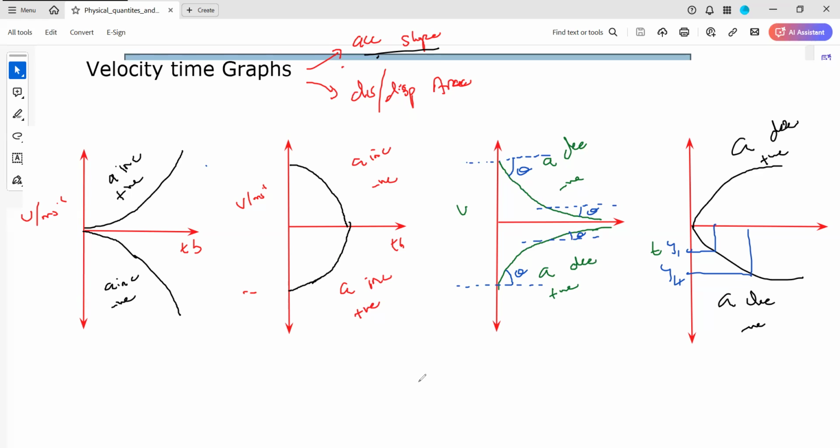So the angle is decreasing. It means the acceleration is also decreasing. Whenever we calculate acceleration, it is always calculated for a specific point. So if we want to calculate the acceleration, we have to find the gradient.